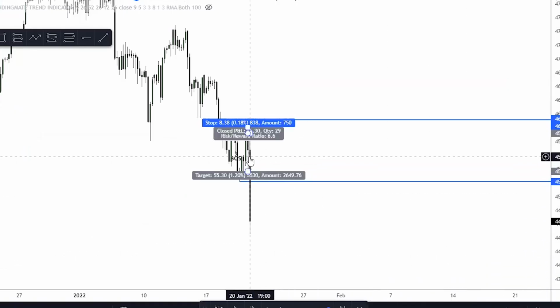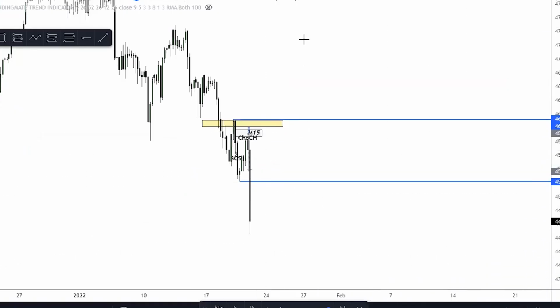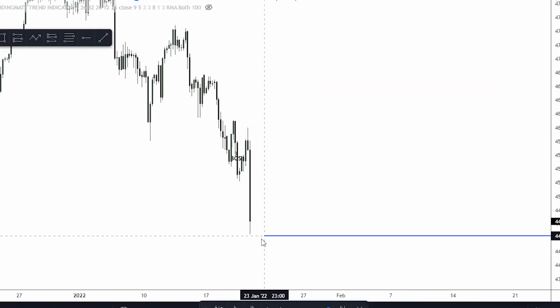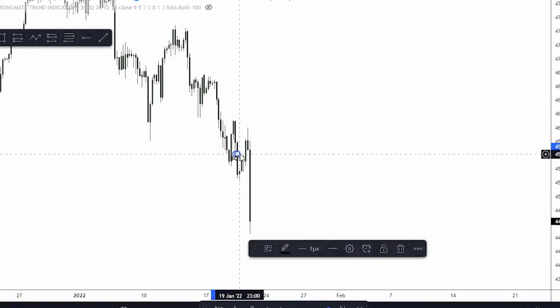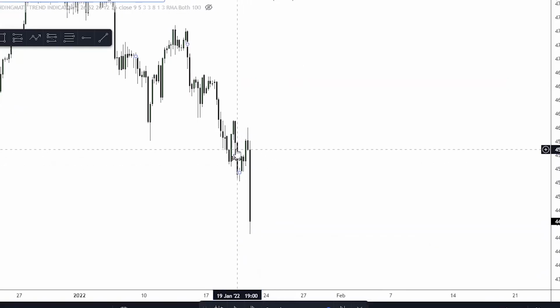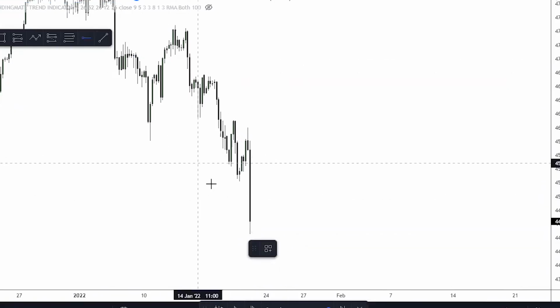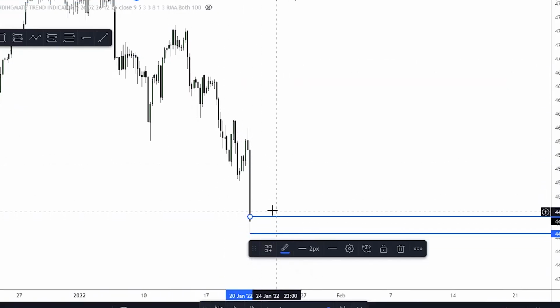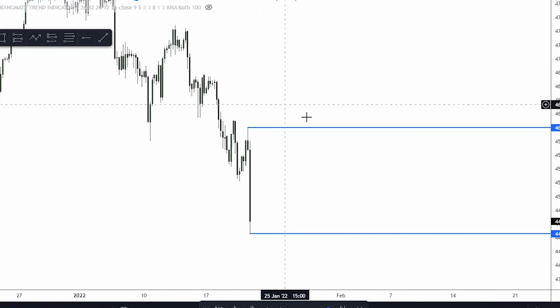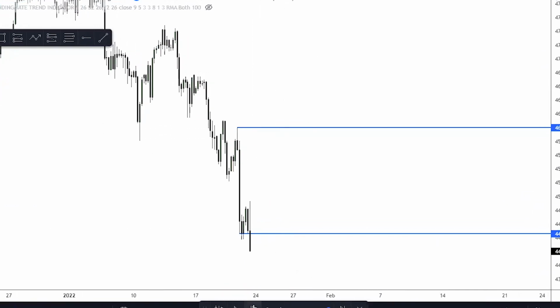So, ooh, damn. Great explanation. Thank you. So we got high here, break of structure here, high here, low here, high here. Yeah, high here. Let's see.